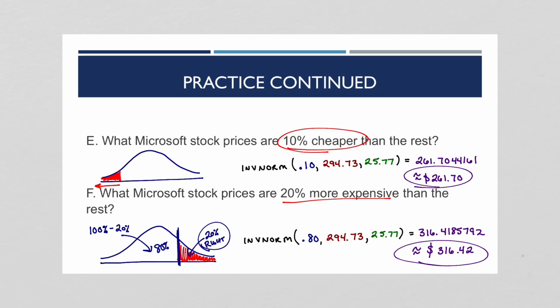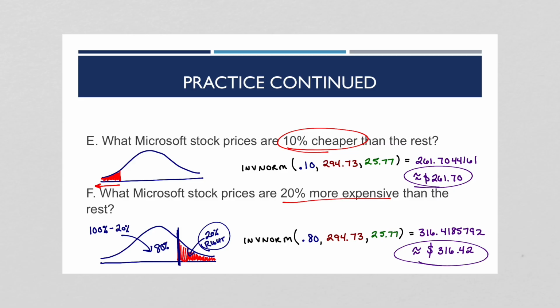Okay, so for part E, I've listed out what our inverse norm entries should look like. Again, I'm doing everything with the area to the left of that boundary line that we noted in our sketch. So this is why I'm using 10% and then 80% for part E and part F respectively. Again, the means and the standard deviations between the two stay the exact same because they are working under the same situation with the Microsoft stock.